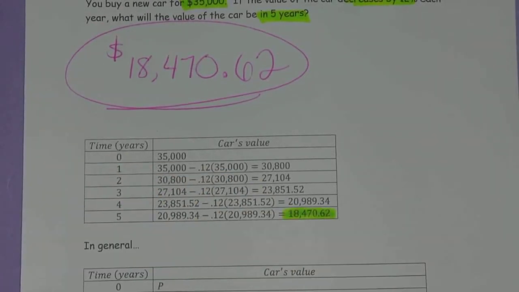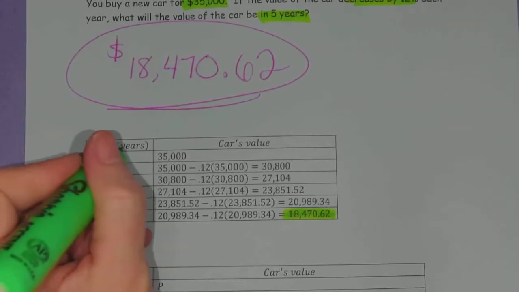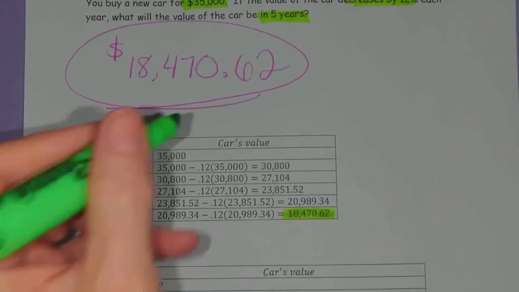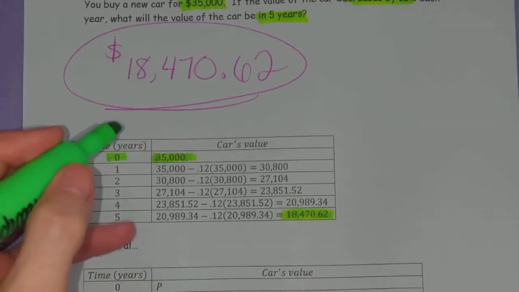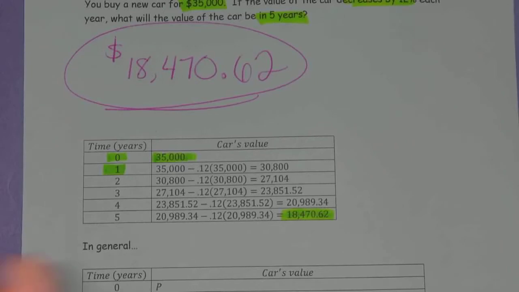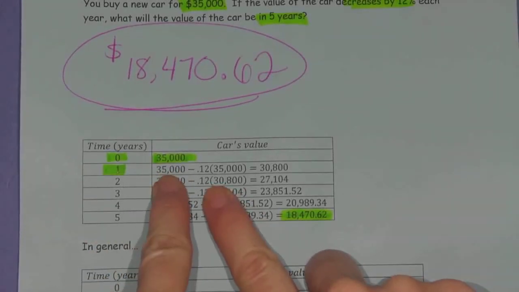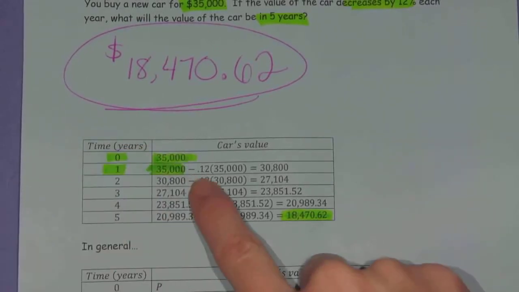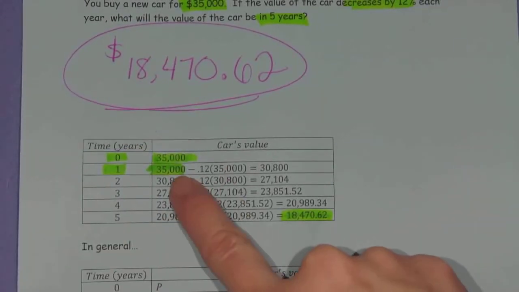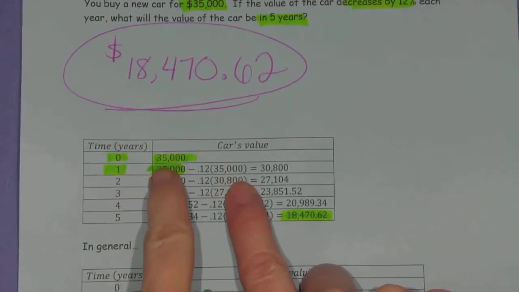When the car was first bought, I would say no time has passed. You drive it off the lot, it was worth $35,000. But now a year has gone by, and so something gets subtracted from my $35,000. Well, what?